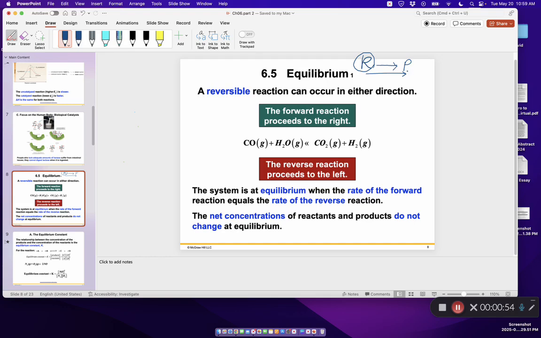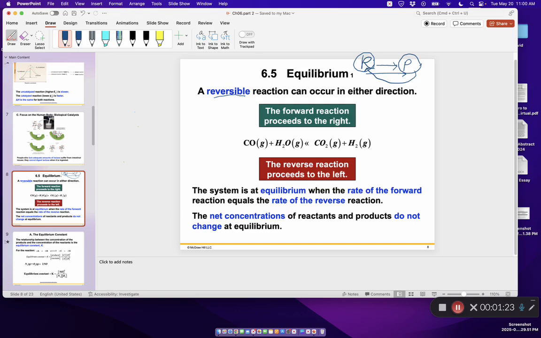Okay, but today we are going to learn about reversible reactions. Reversible reaction means we are talking about those special reactions where reactants can form the product, and now products are also prone to combine with other products and form the reactants back. So we have here a reversible reaction.